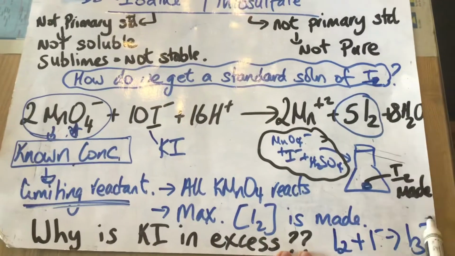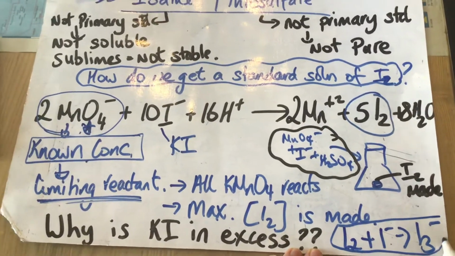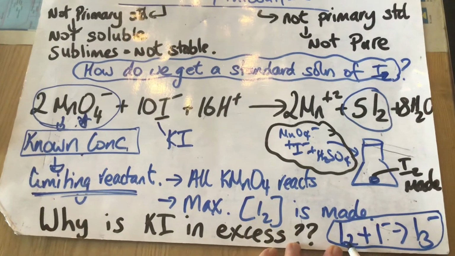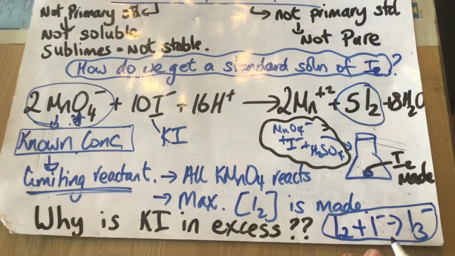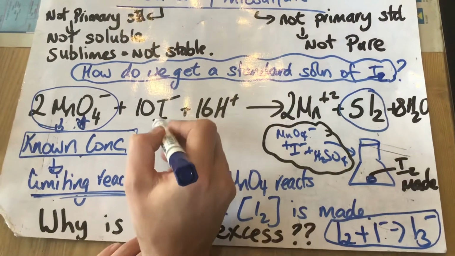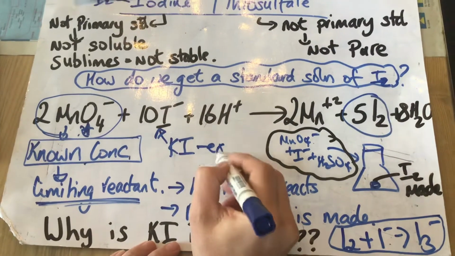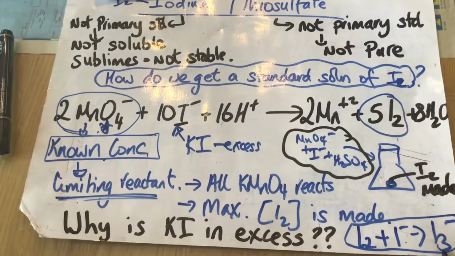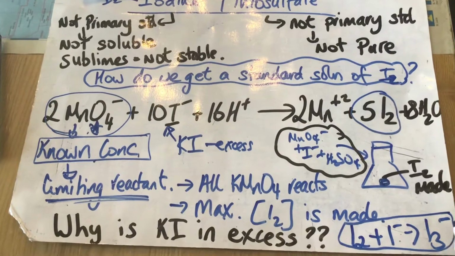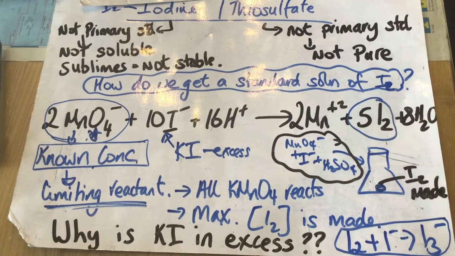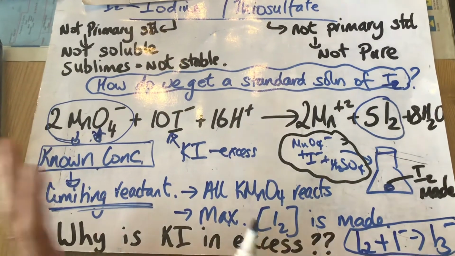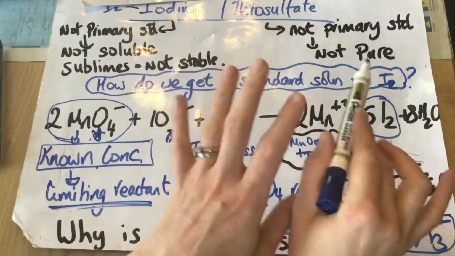And the other reason is, look down here, we said iodine wasn't fully soluble. So the iodine doesn't really dissolve in solution in the flask. So we get the extra I- ions that are left over because the KI is in excess to react with the iodine that you formed, and you make I3-, which behaves the very same as iodine, but it's soluble. So just to recap now, how do we get a standard solution of iodine?